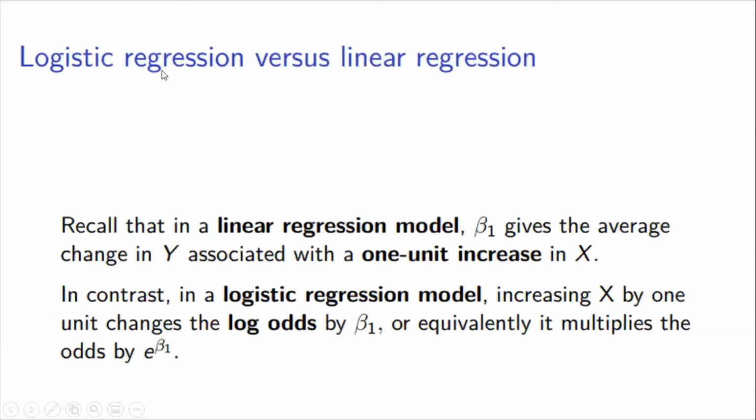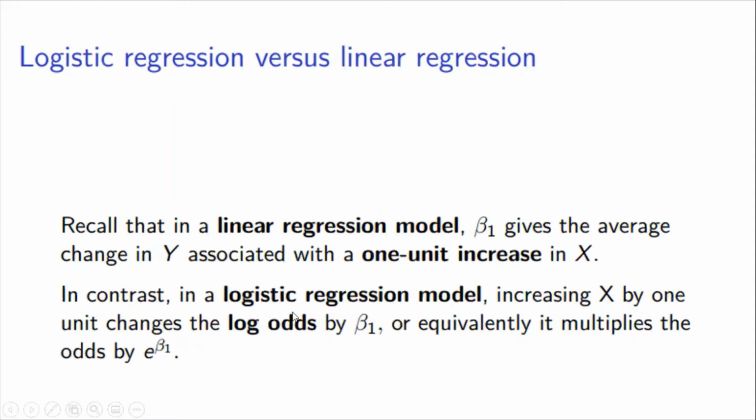So how do we interpret this? In linear regression, beta 1, which is a slope, gives us the average change in y associated with a 1 unit increase in x. But in logistic regression, a 1 unit increase in x gives us the increase in log odds.